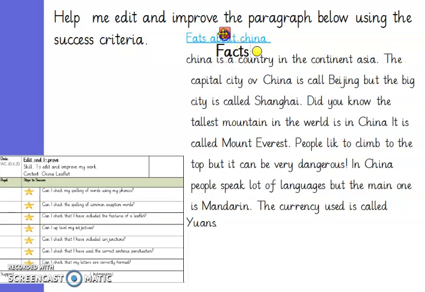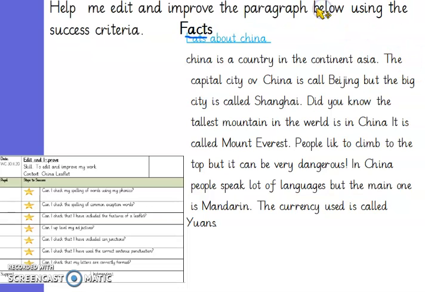Now remember, what we will do is neatly cross out the word we're editing and we'll put our new spelling on the top.